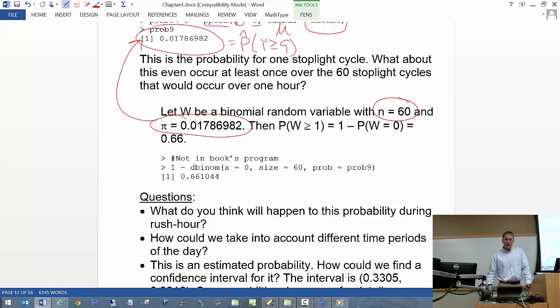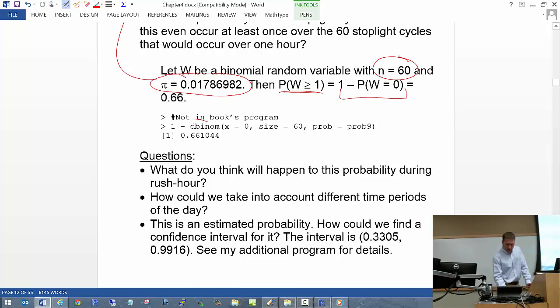then let W count how many times this driveway will be blocked. I'm sorry, the driveway will be blocked in a 60-minute period of time. So what's the probability W is greater than or equal to 1? Or equivalently, again, use the complement, 1 minus the probability W is equal to 0. So we could find that probability really easily using dbinom.